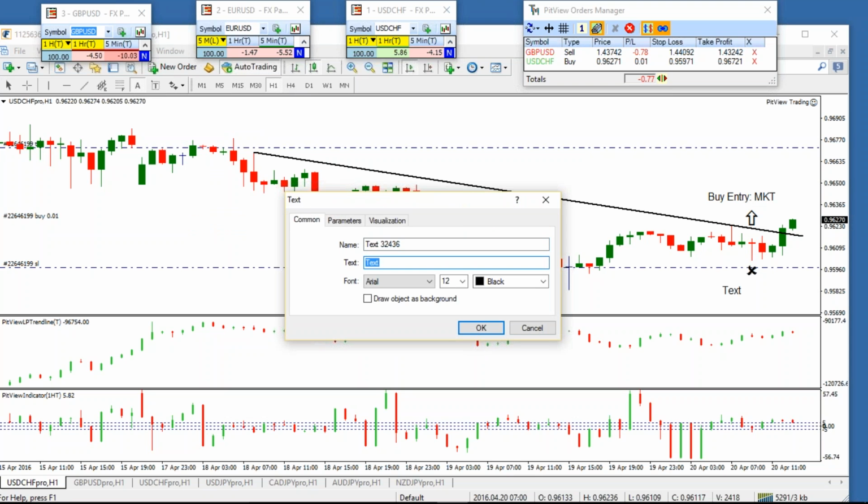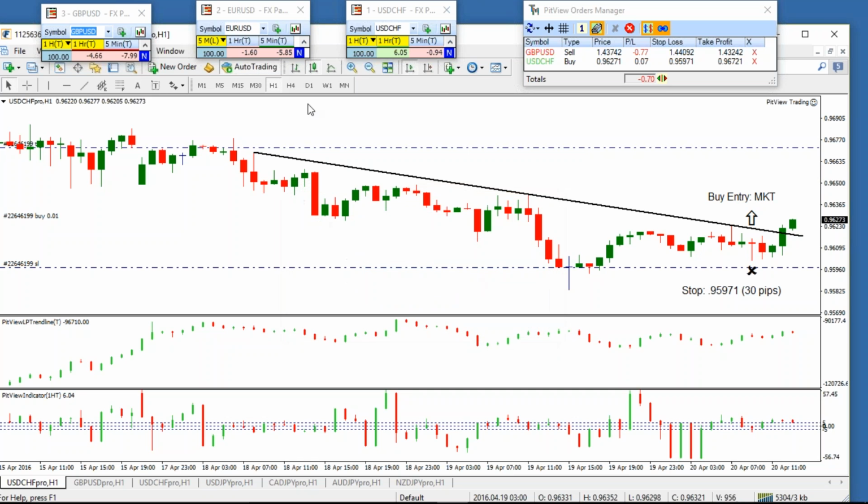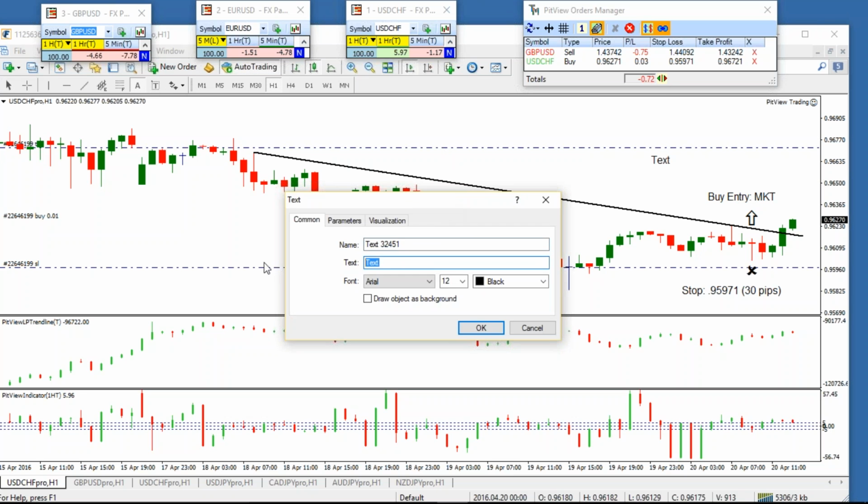My stop, 0.95971, so I've got it 30 pips away. And I've got my limit right up in here at 0.96721 for 1 to 1.5 risk reward.